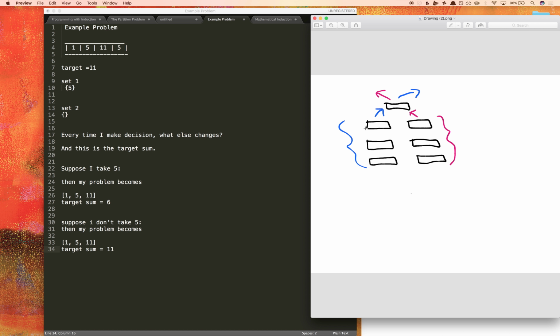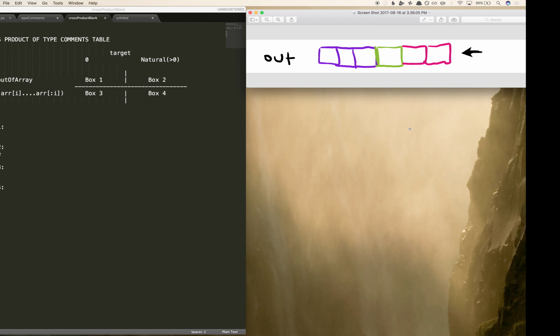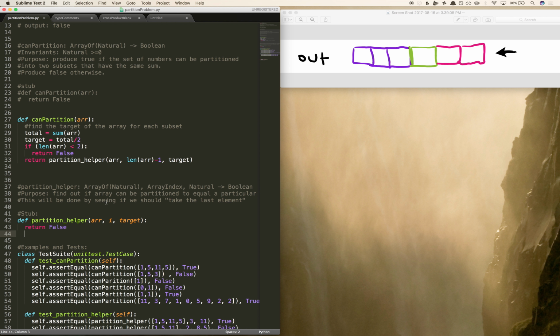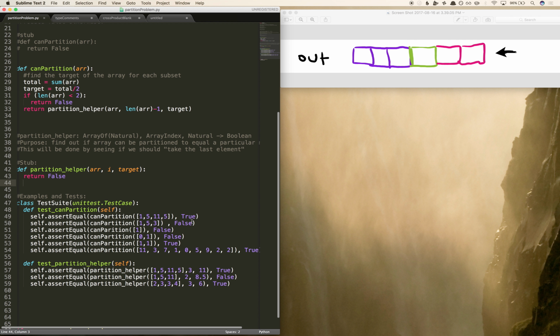So we have two options. If I take the value into my subset, so in this example, I'll just copy this.